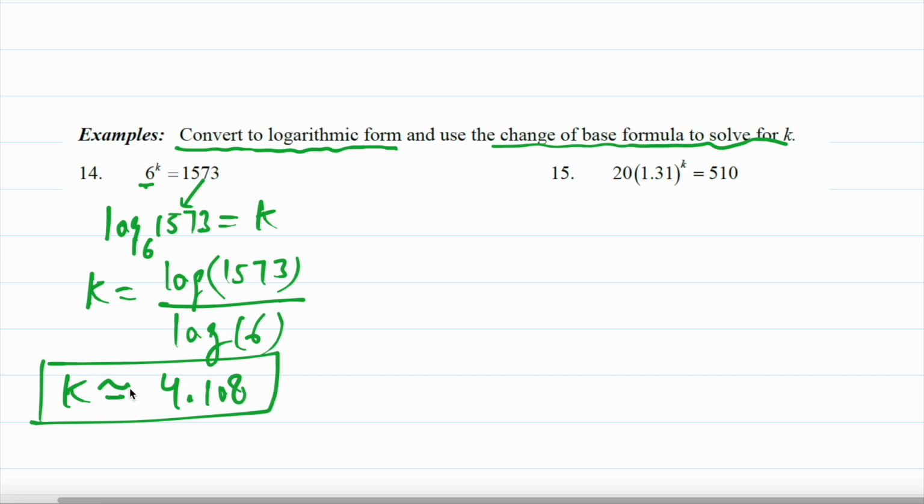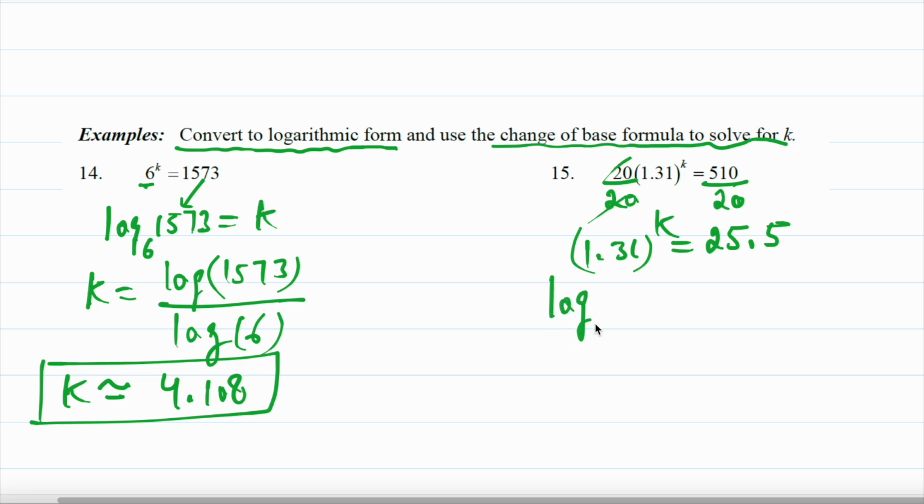Okay, same way if you have to solve question number 15, you see before 1.31 power k we have 20, so you divide by 20 on both sides, and this 20 will go. You will have 1.31 power k equal to 510 over 20. If you change it to decimal, it is 25.5. Okay, now let's change it into log.